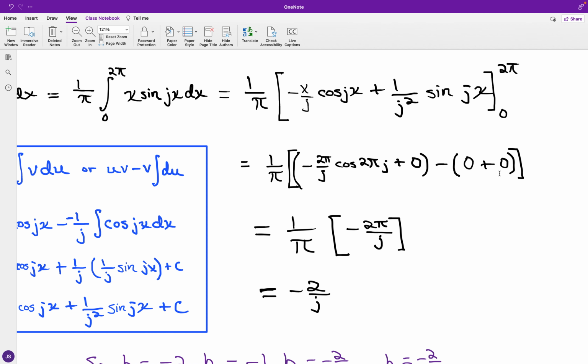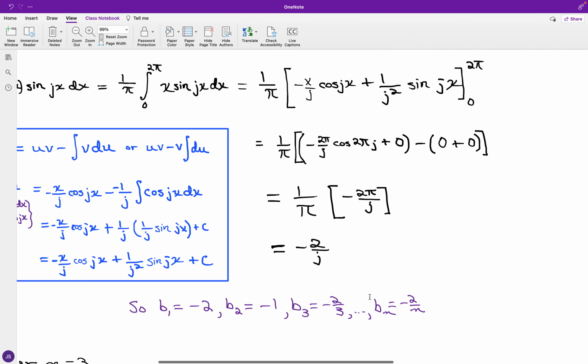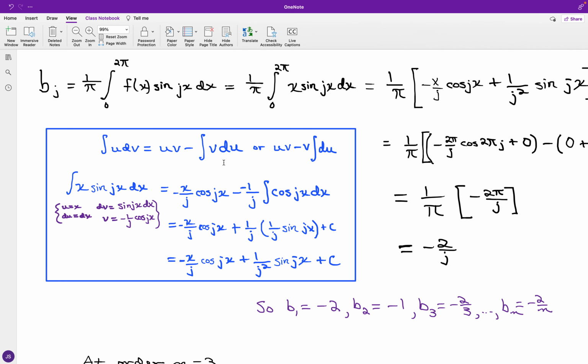Again, sine of 0 is 0, so there is only one non-negligible term, and this is from setting x to 2 pi and applying to the very first term consisting of cosine. So that part reduces to negative 2 pi over j, and multiplied by 1 over pi will come out to negative 2 over j. So that is what we're going to have for b sub j.